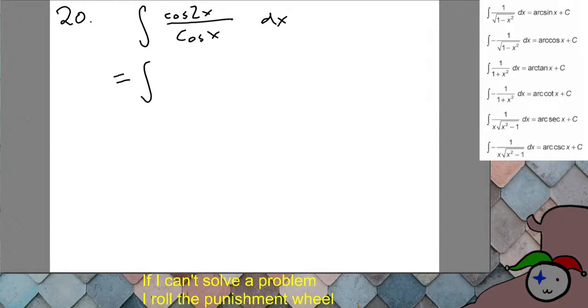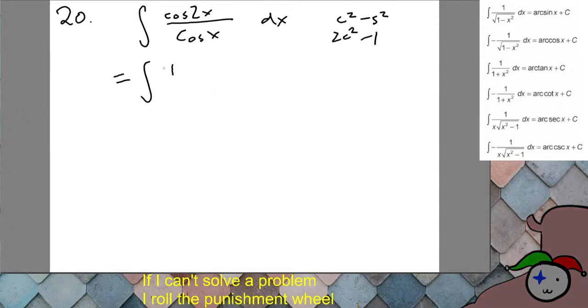No. Okay, that doesn't really work. So it's cos squared minus sine squared, which means this is 2 cos squared minus 1. Simplifies this.